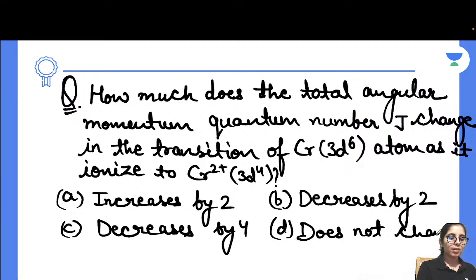Try it now, guys. If you have any doubt or difficulty in solving it, I'll be helping you. But I want you to try initially and tell me what is the right answer according to you. If you do not get it, that's okay.